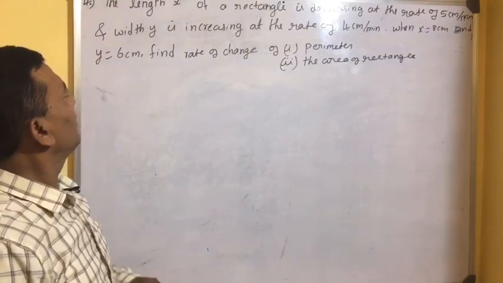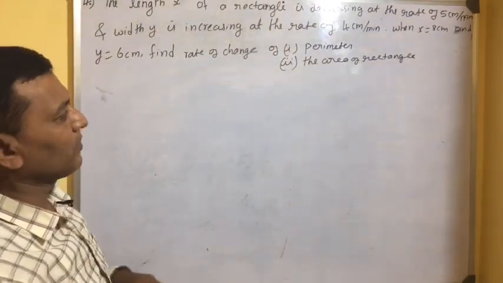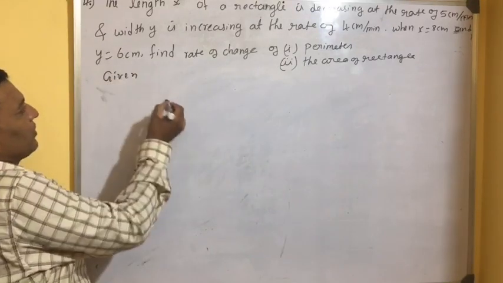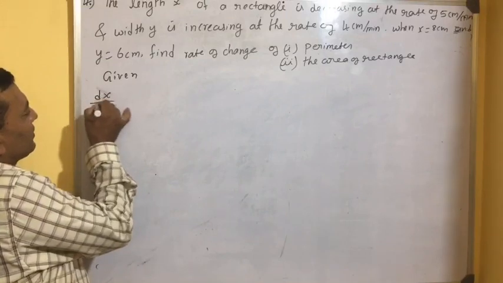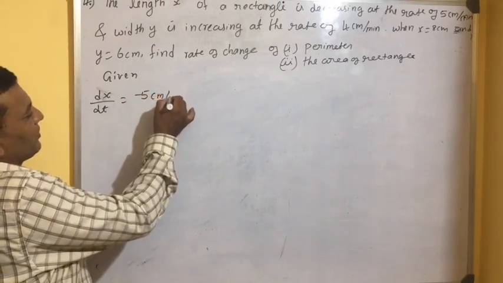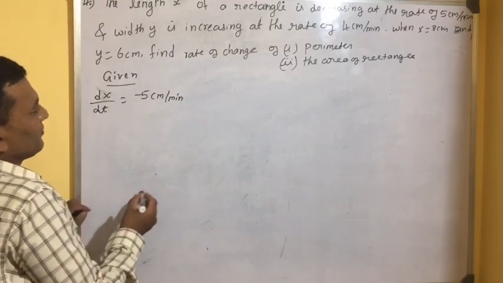Okay, now here you can see the question. The length x of a rectangle is decreasing at the rate of 5 cm per minute. What they have given is decreasing, so it is negative. So dx by dt is given as minus 5 centimeter per minute. Next, width y.